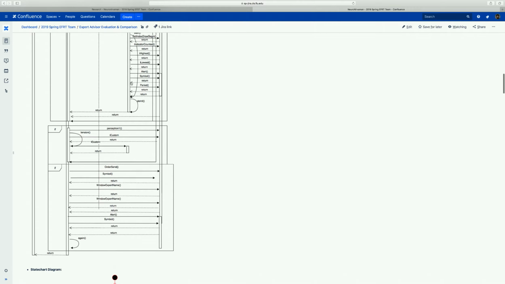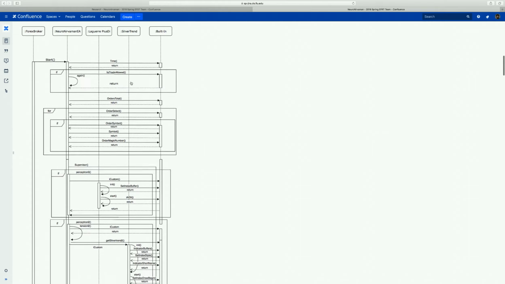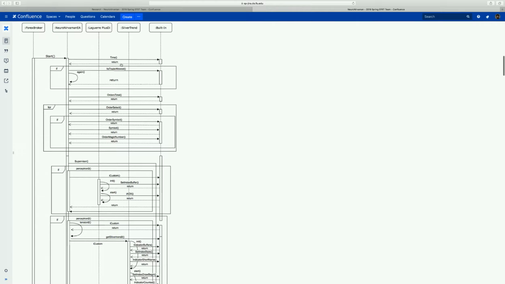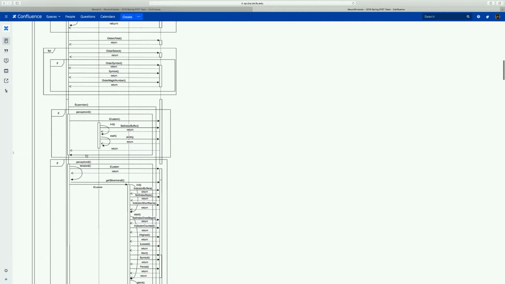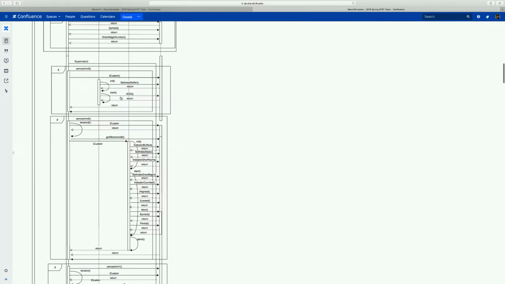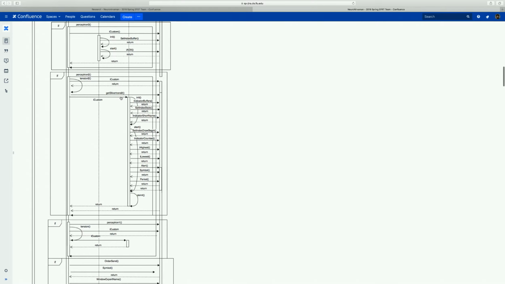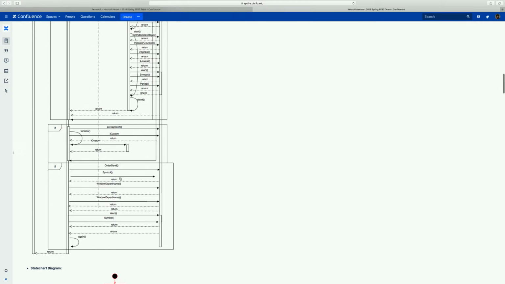Then I'll take a quick look at the sequence diagram, where we have the functions orders total and orders send. Then we get to the supervisor. The supervisor calls the dependency files, the indicator files, and based on all of those recommendations, we place a sell order or a buy order.